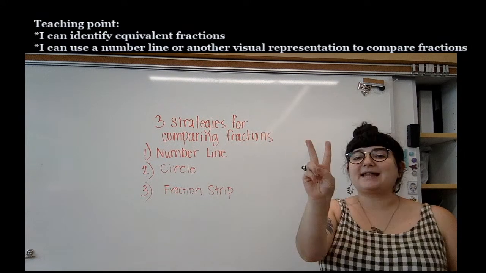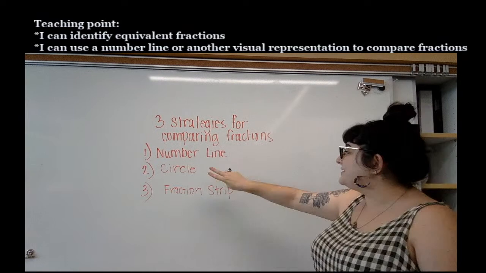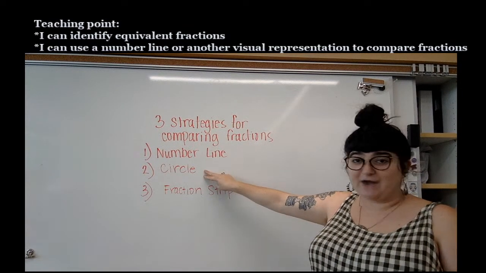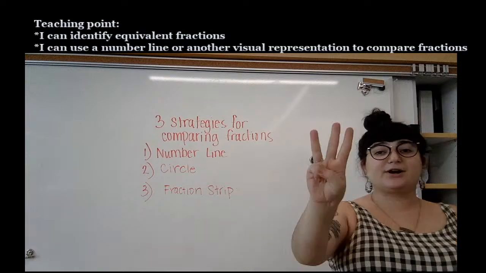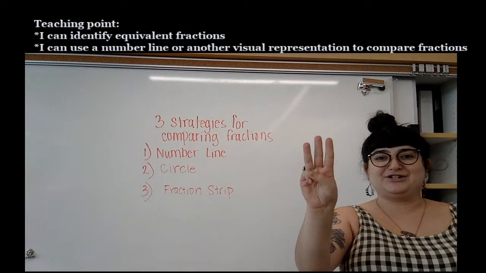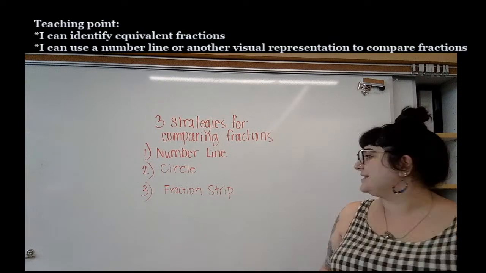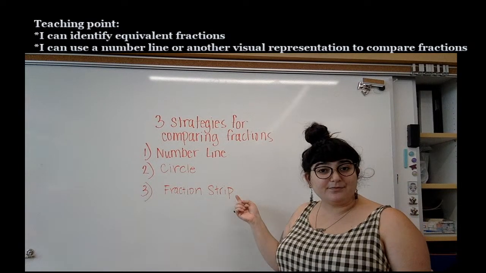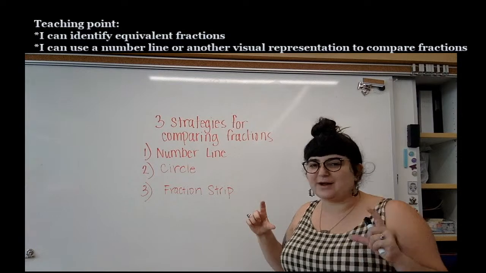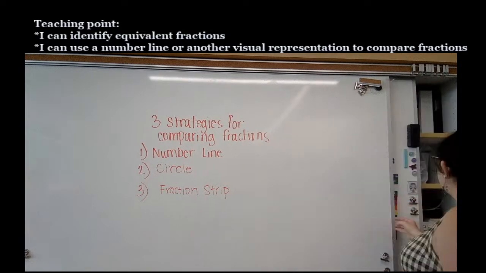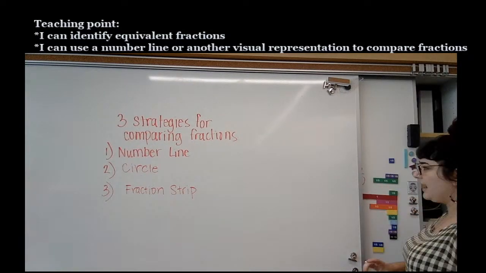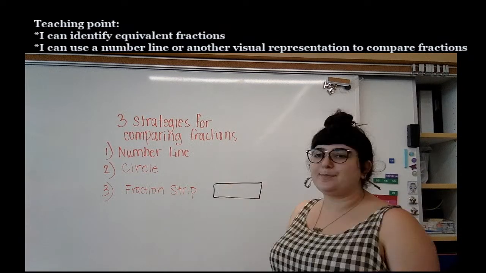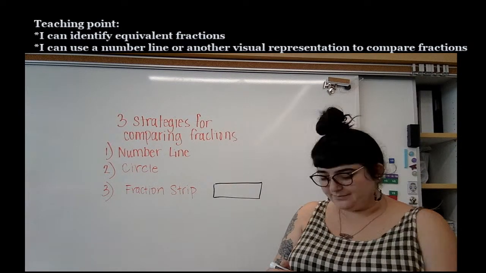The second strategy is drawing a circle representation of the fraction. The third strategy for comparing fractions is drawing a fraction strip. And when I say fraction strip, what I really mean is drawing a rectangle, and we'll go over it.